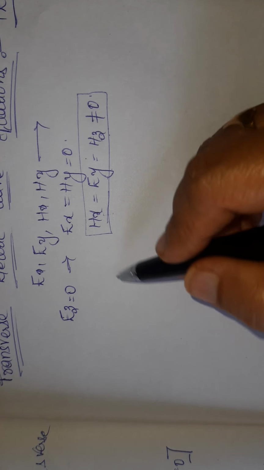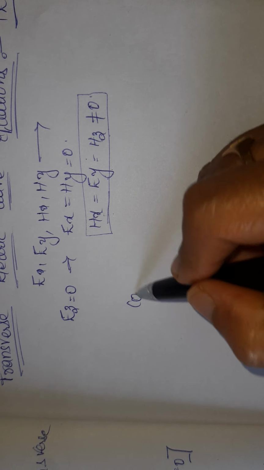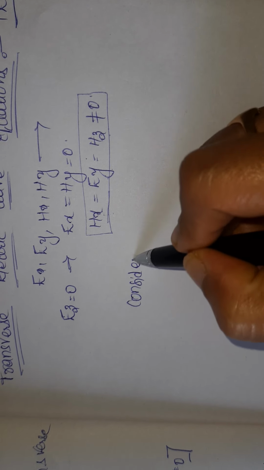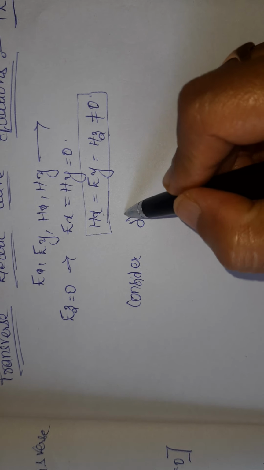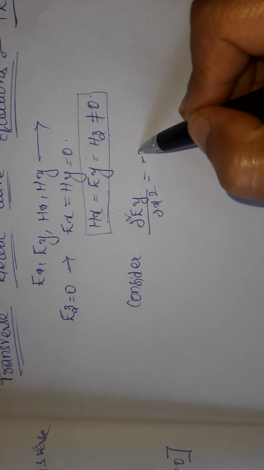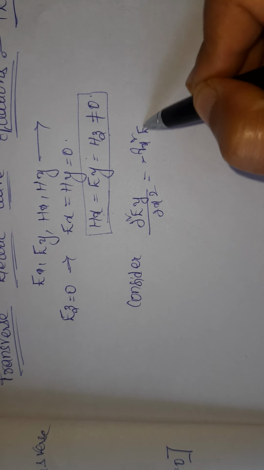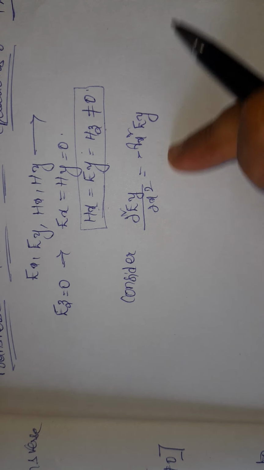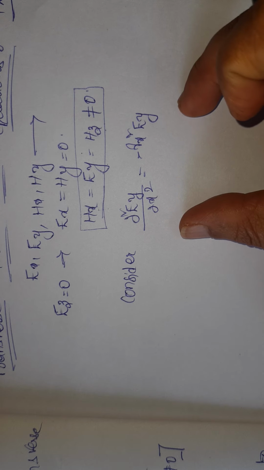First consider the expression del square Ey by del x square is equal to minus gamma x square Ey. This is the equation we derived in the last session, part 2 derivation of field components.